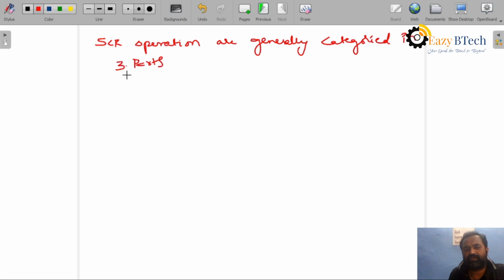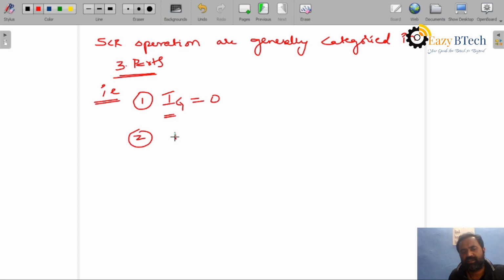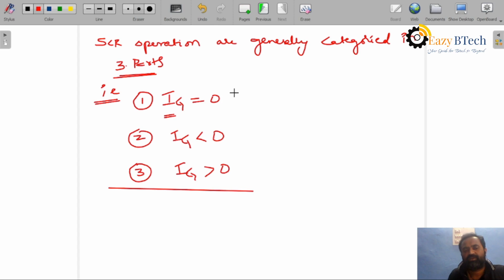First, gate voltage is 0. Second, gate voltage is less than 0. Third, gate voltage is greater than 0. In these three cases we can see. Now we will see case 1.